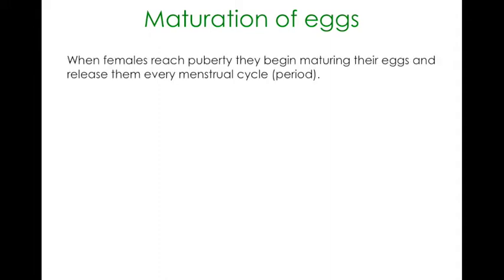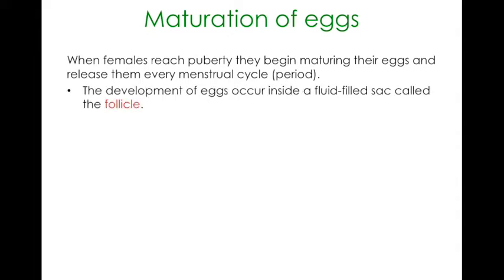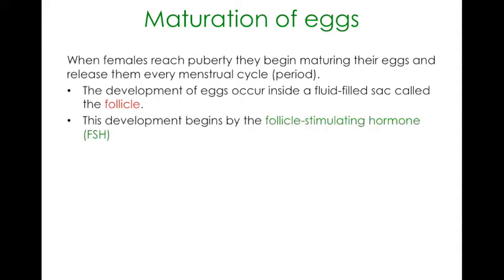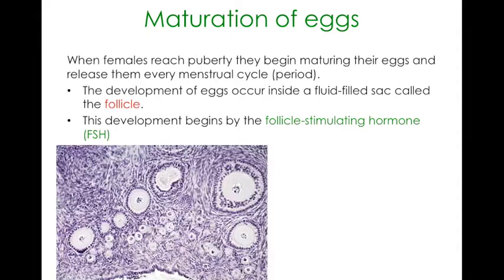Okay, let's rewind a little bit and review what happens to the egg first. When females reach puberty, they begin maturing their eggs and release one every menstrual cycle. We discussed this a little bit in the past. During that time, the egg is stored inside a fluid-filled sac called the follicle, and then it gets released by a particular hormone called FSH, which is the follicle-stimulating hormone.